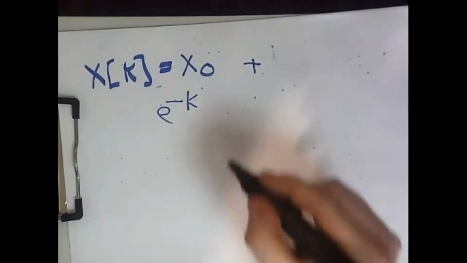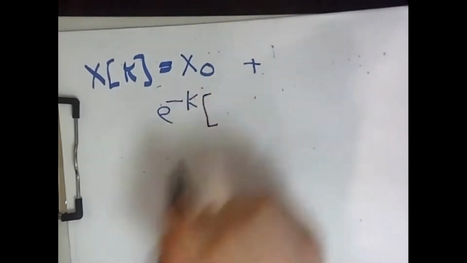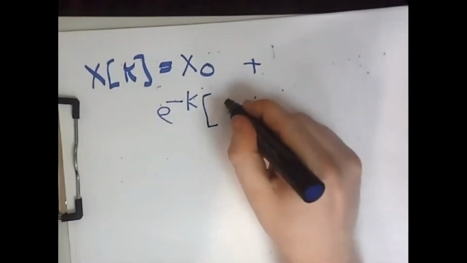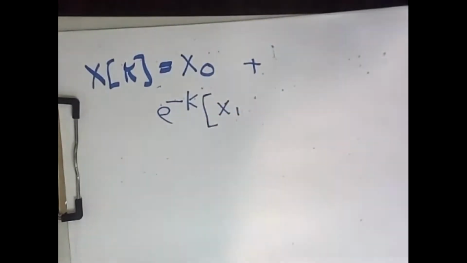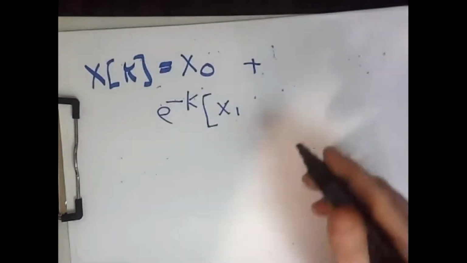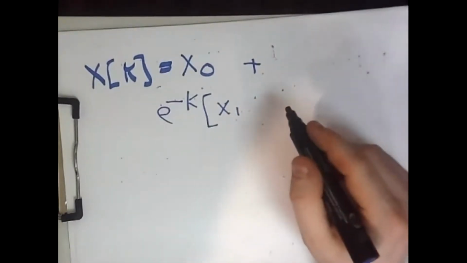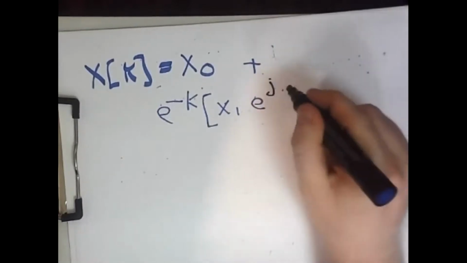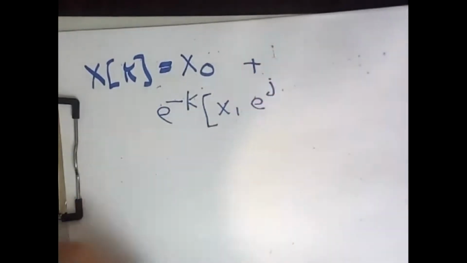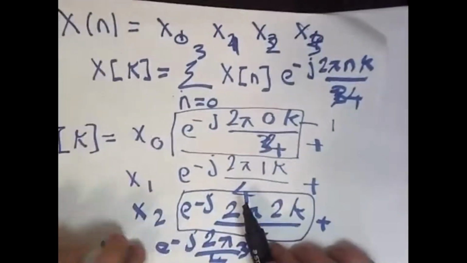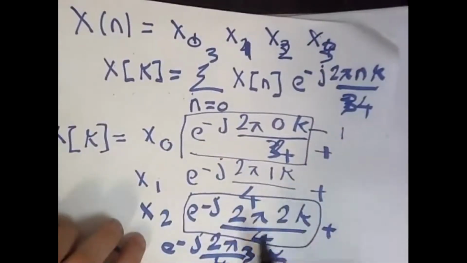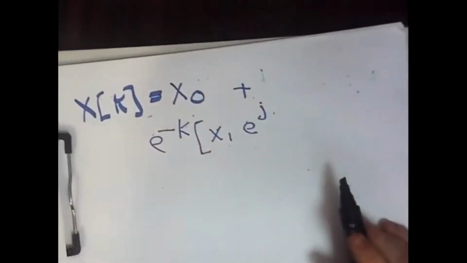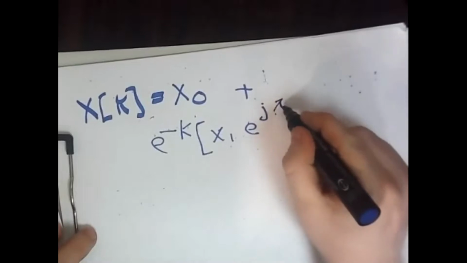So we have x1, I'm sorry, not x power 1, x1, multiplied by e power j. Let's return to this paper. We have now, we get k, e minus k as common factor. So we have 2 pi over 4, so we have pi over 2.